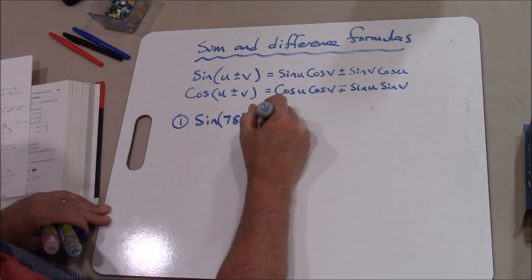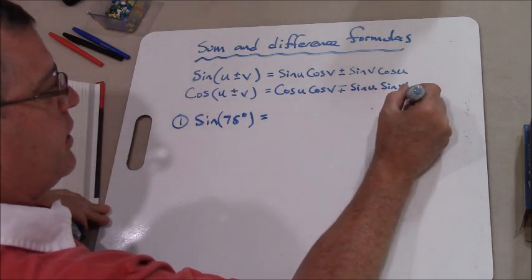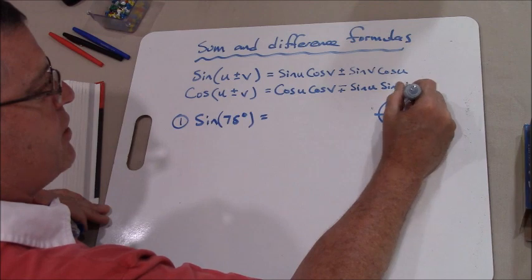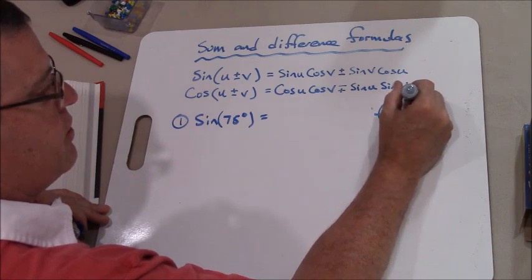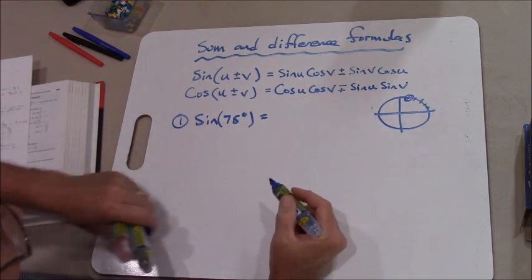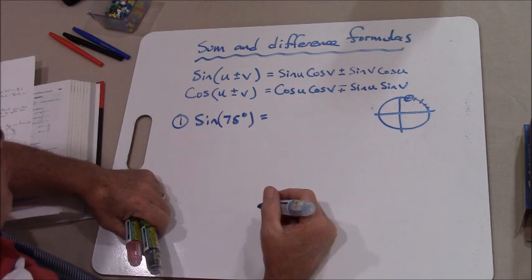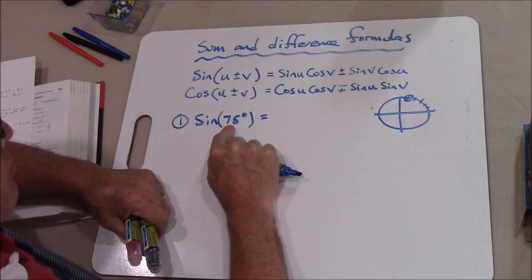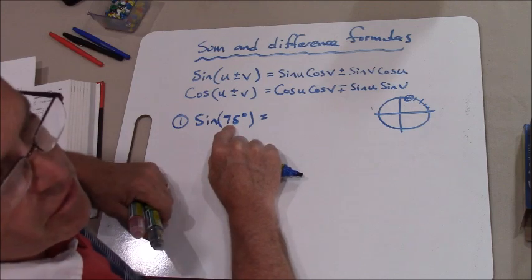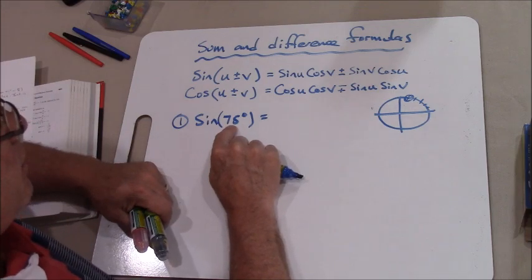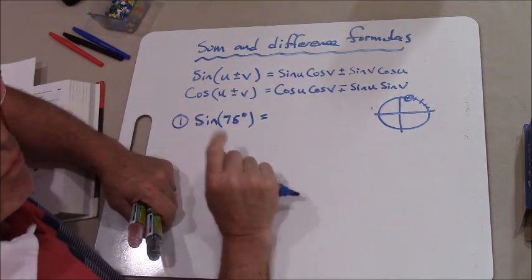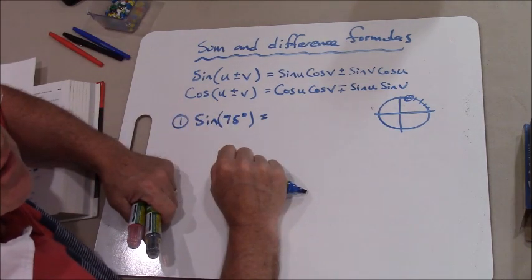And I would look at my unit circle and I would say, okay, if I drew a unit circle and I put my 5 tick marks in here, I know that it's that angle right there. So what I want to do is I want to choose 2 angles that add up to 75, or subtract, it doesn't matter. I can add or subtract and get 75. The key is you want to make sure that one of those angles is 45 degrees.